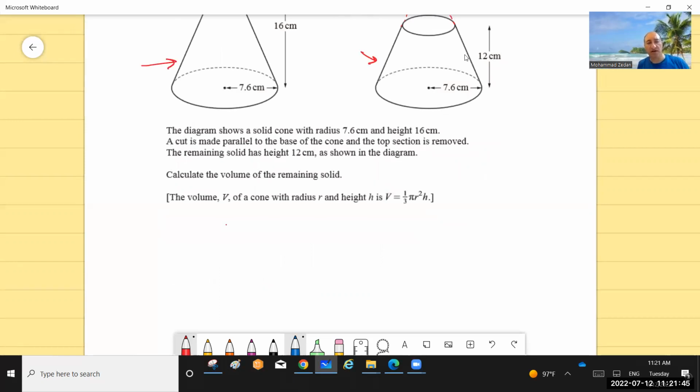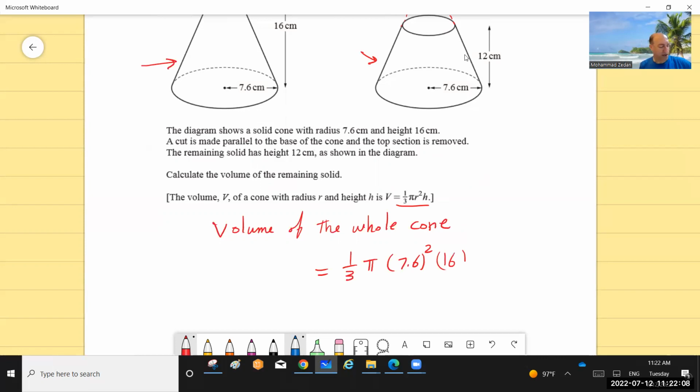So the volume of the whole cone before cutting any part of it is 1/3 pi r squared times height, with r as 7.6 squared. The volume of the cone is 1/3 pi r squared, height 16. Calculate this part.